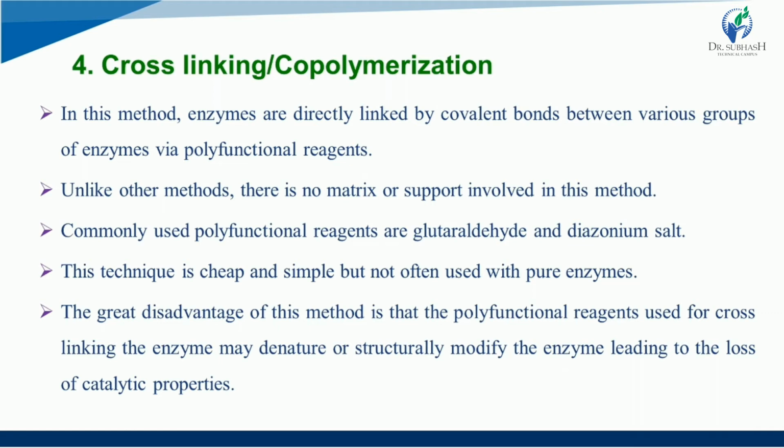Why? An enzyme is also a type of catalyst, right? It boosts the reaction. So if polyfunctional reagents are used, there are chances that your enzyme can denature, a conformational change will happen, and that will lead to loss of catalytic property.